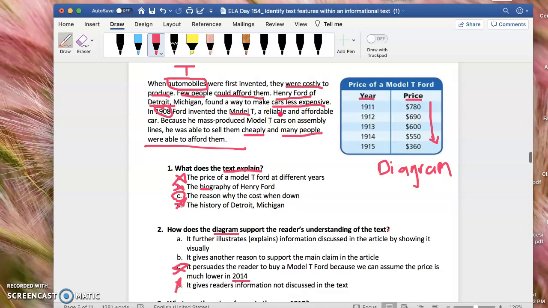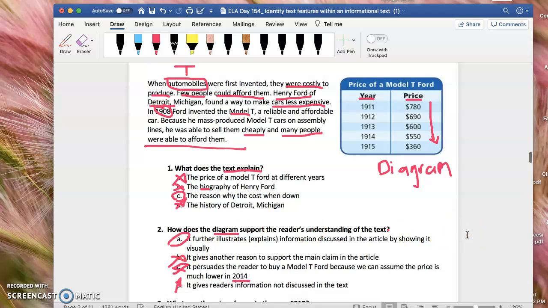We know that text features give us additional information that is discussed in the article by showing it visually. A text feature always allows us to see the data in action. And so our answer would be A. Okay?